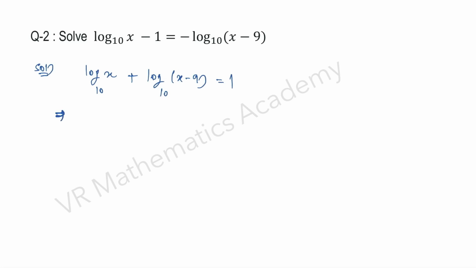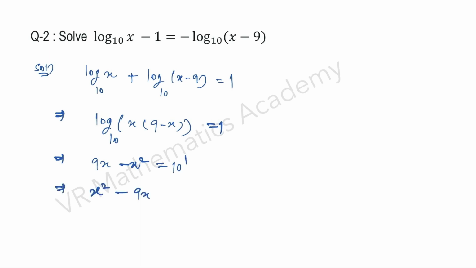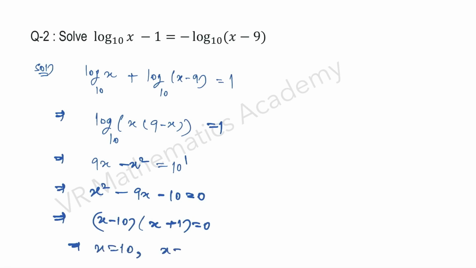Now we apply the law log m plus log n, so it will be log of m into n with base 10 is equal to 1. So now it can be written as 9x minus x square will be equal to 10 raised to the power 1. x square minus 9x minus 10 will be equal to 0. When we solve this equation, the factors will be x minus 10 into x plus 1 equal to 0, which implies that x will be equal to 10 and x will be equal to minus 1.